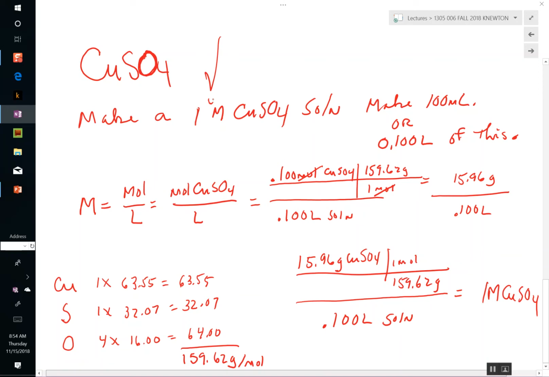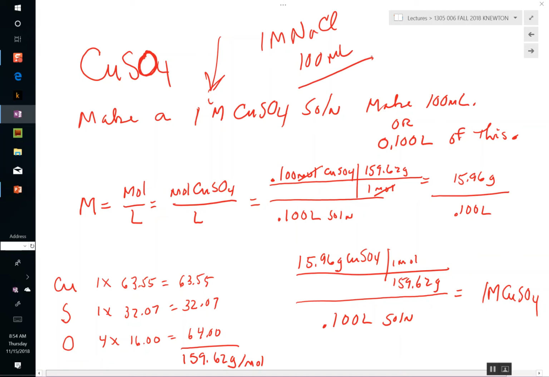I want to make the same thing. We made 1 molar sodium chloride. We made 100 milliliters of it. So I'm doing the same thing with the copper sulfate. We lost a little bit here, so we're going to try to ignore that. That wasn't a very quantitative transfer.